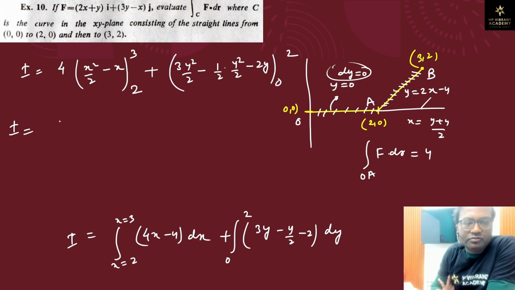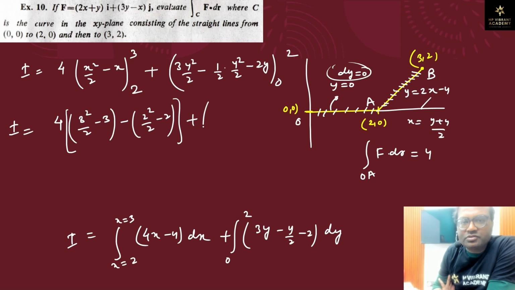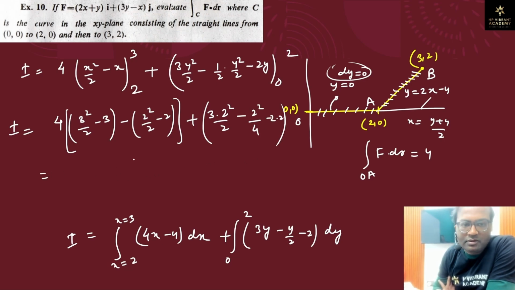So I is equal to 4 times of 3 square by 2 minus 3 minus 2 square by 2 minus 2, plus 3 into 2 square upon 2 minus 2 square upon 4 minus 2 into 2. So this gets cancelled.